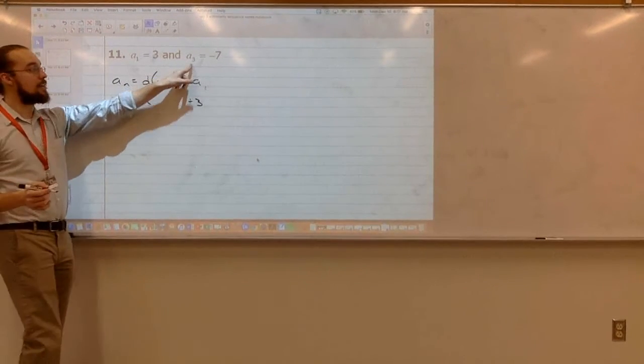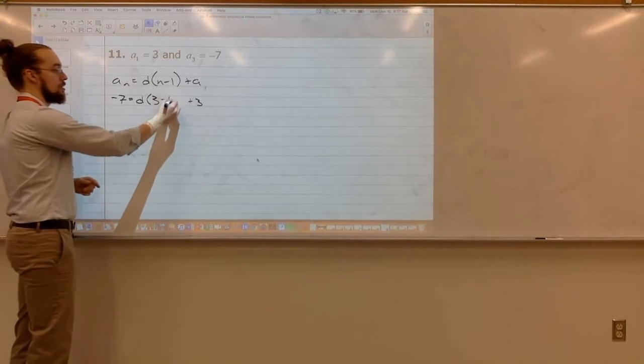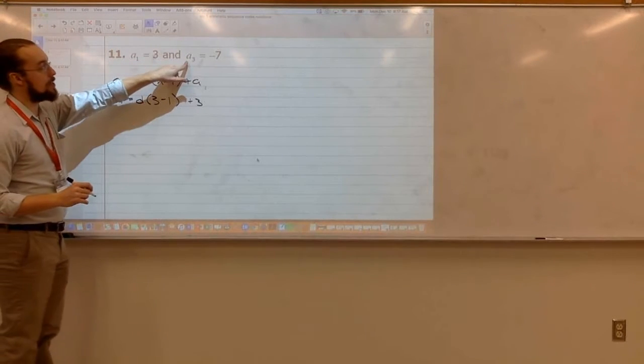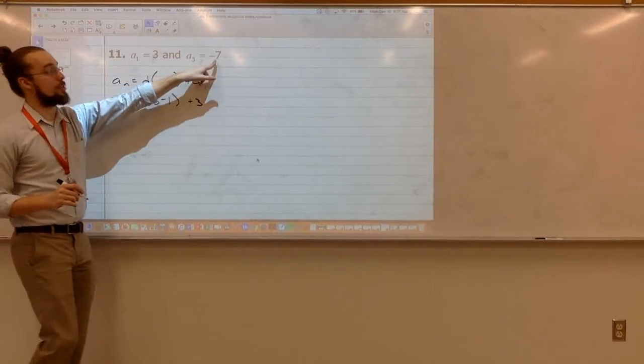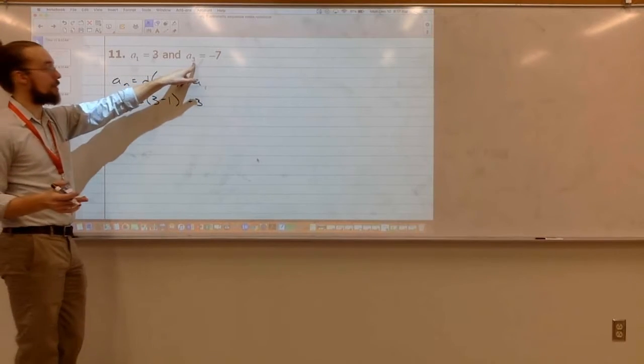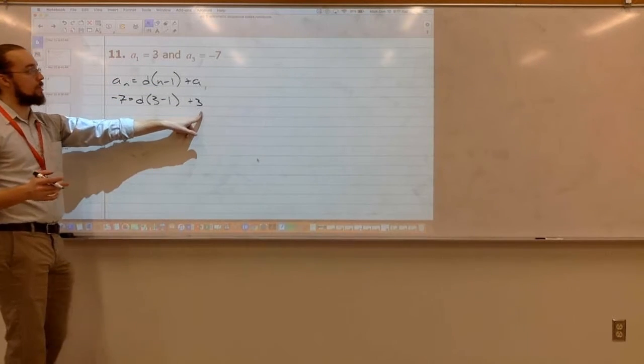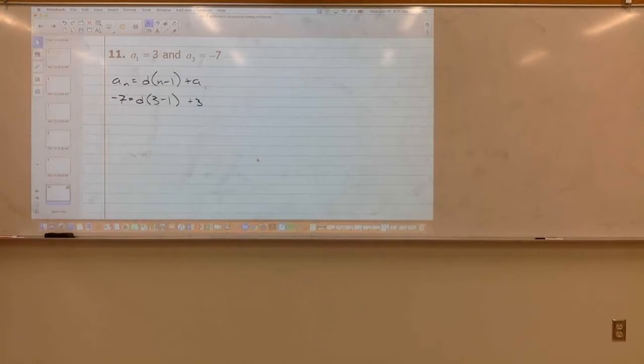I'm saying that n is equal to 3 in this case. So my n is 3, my a sub n is negative 7, my a sub 1 is 3. I'm plugging all three of those pieces of information in, and now I'm solving for the common difference. This looks like what we did in the warm-up now. Right? How do I solve this?